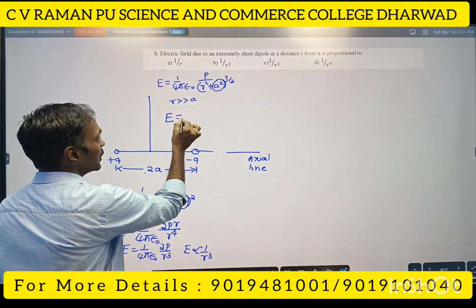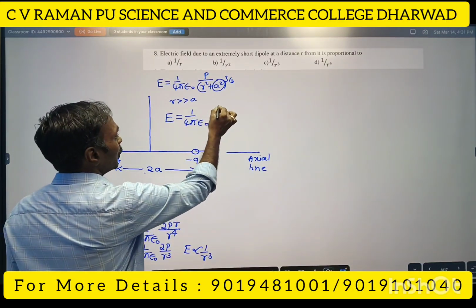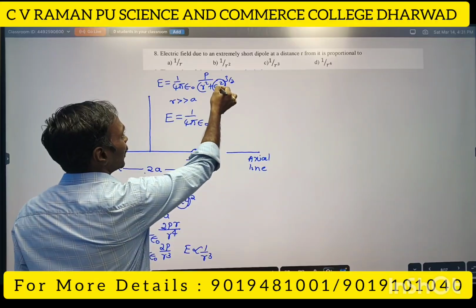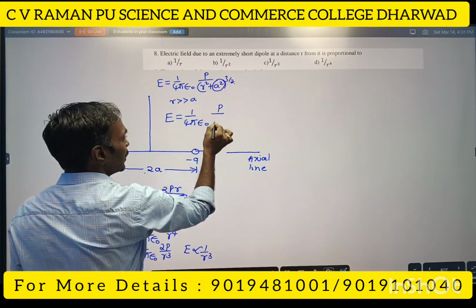Then E is equal to 1 upon 4 pi epsilon naught, p divided by r square to the power 3 by 2.